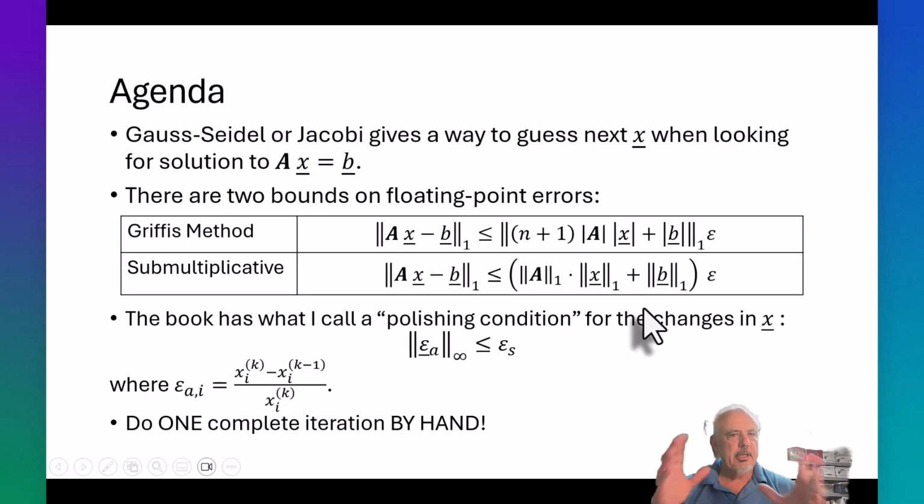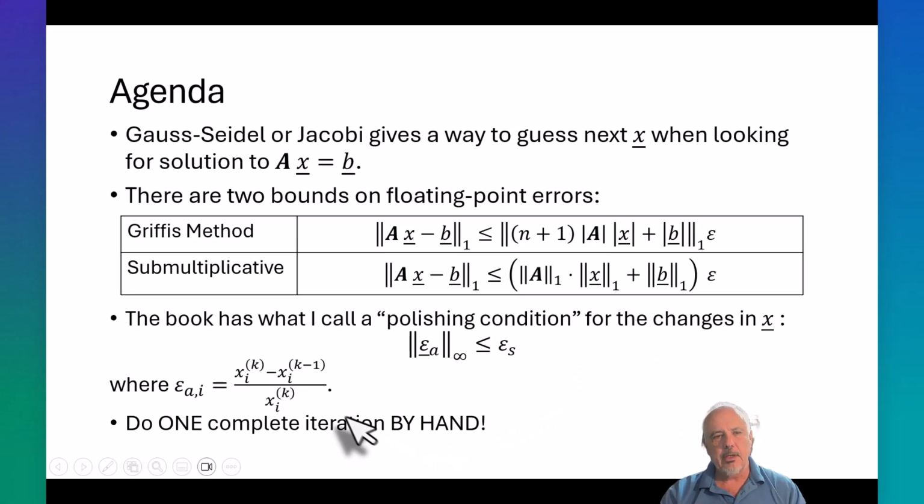But also we might think about a polishing condition which looks for changes in x. So if you look at relative changes in a particular x coordinate, then you'll have an array of those relative changes in x coordinates. And you look at what the maximum might be, so that's an infinity norm, and it's going to be less than or equal to what I call the book stopping criteria.